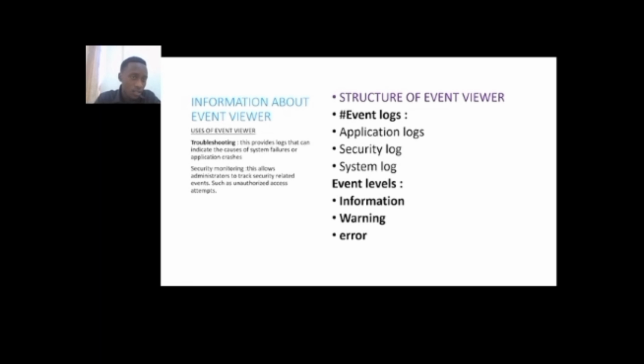The uses of Event Viewer: there is troubleshooting, which provides logs that can indicate the causes of system failures and application crashes. System monitoring allows administrators to track security-related events such as unauthorized access attempts.